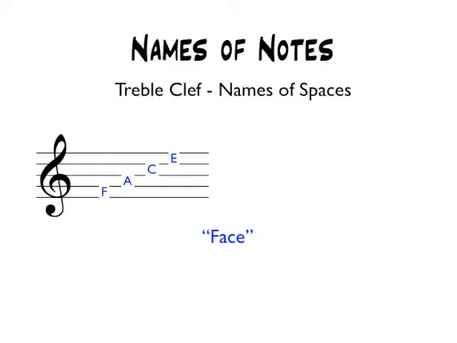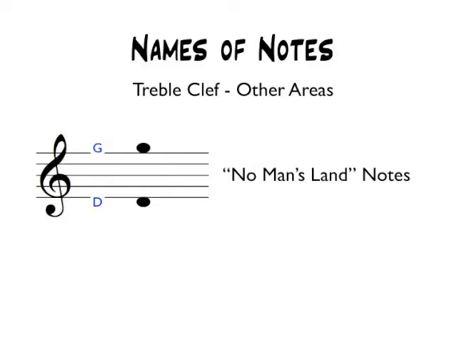F-A-C-E. Face. Okay, now those no man's land areas that I was telling you about, because the top line is F, then that means that next area outside there is a G. And then if you go down below, this is going in reverse order now because that bottom line is E, then D is that other no man's land space, if you will.